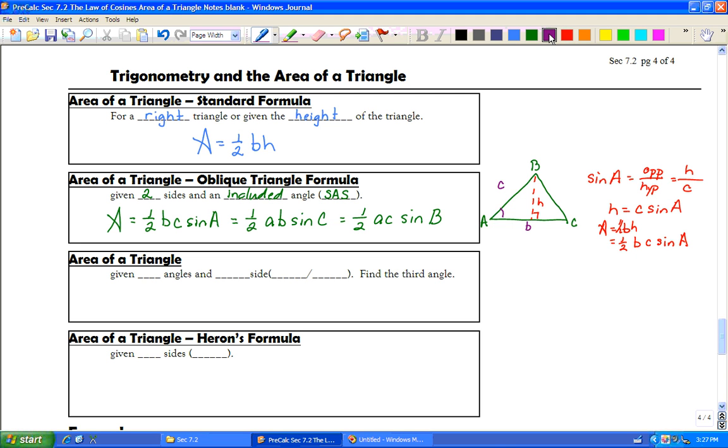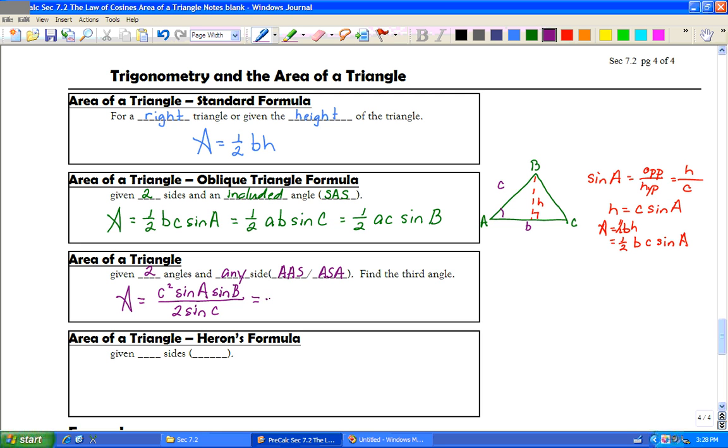Okay, our next area of a triangle, if we are given two angles and any side, so those cases are angle, angle, side, or angle, side, angle, we can find that third angle and then use the formula area is equal to side C squared times the sine of angle A times the sine of angle B divided by 2 times the sine of angle C. And you'll notice that the side squared in the top of the fraction and the angle in the bottom are the same.